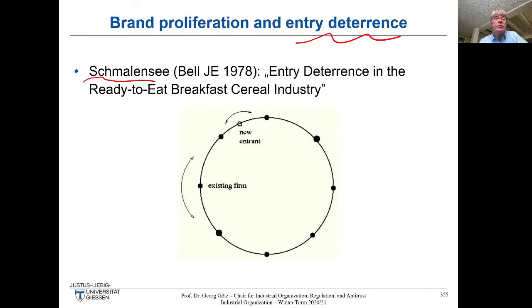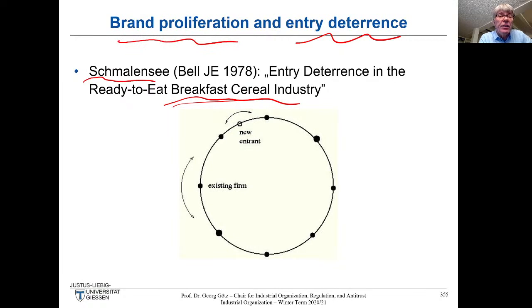The standard oligopoly setup is the breakfast cereal industry in the US, because there are, in a sense, dominant firms like Kellogg's, Quaker Oats, and I don't know what else. The question was whether these producers of breakfast cereal can prevent entry by smaller rivals by what is called brand proliferation.